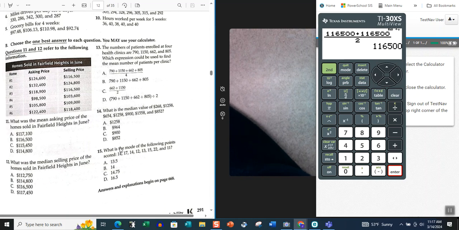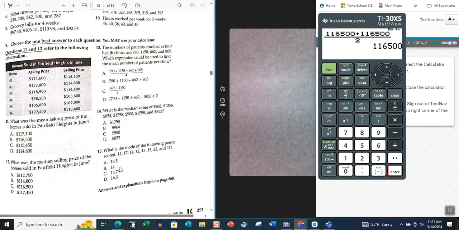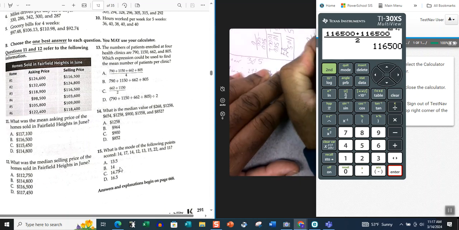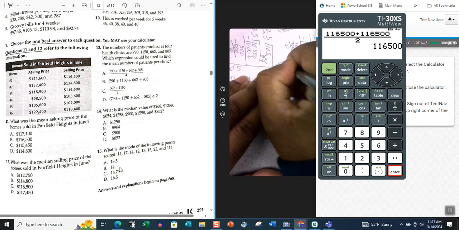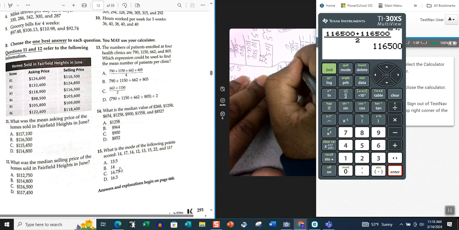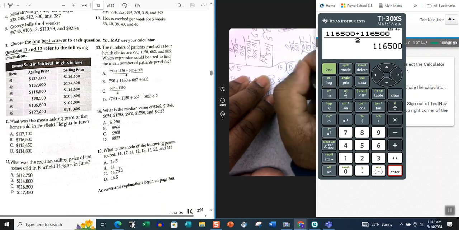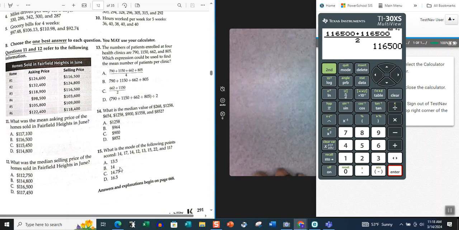It doesn't. So 14 wins. So 15 would be B, which is 14.